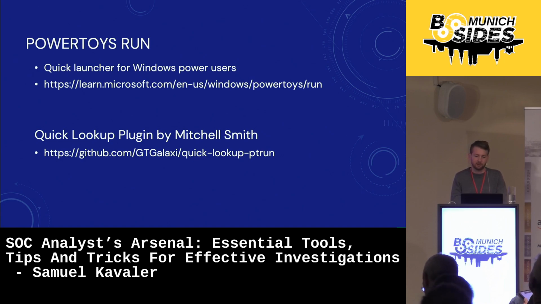So this is just another way to do it. If you are working on Mac, you can probably also write a quick Python script for this. I highly recommend making something like this for yourself if you are doing investigations day-to-day.